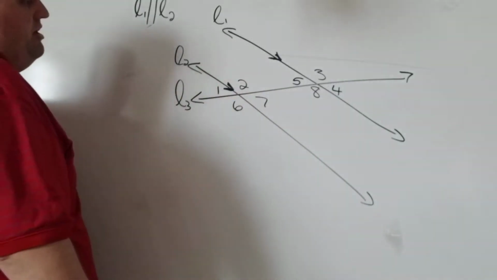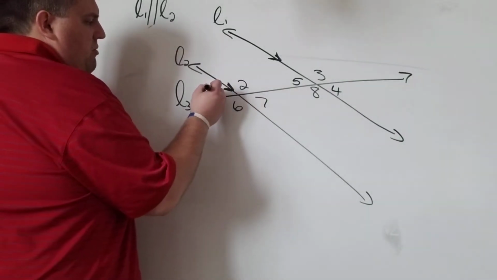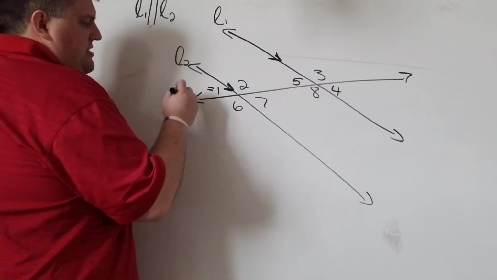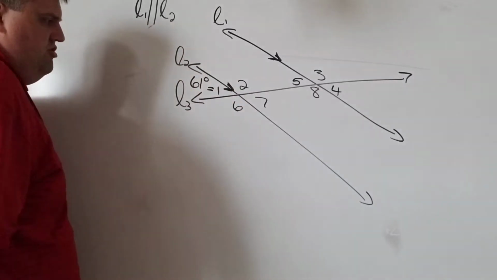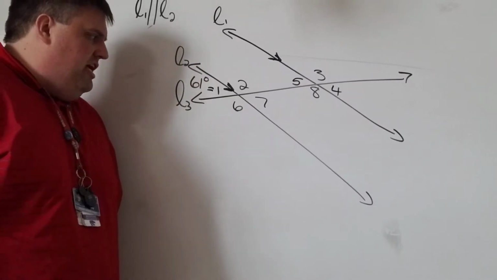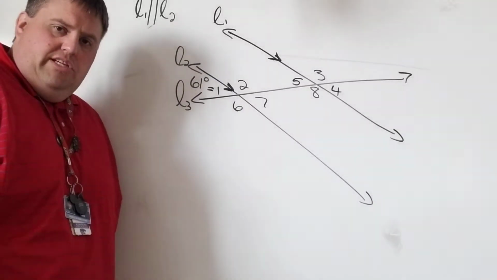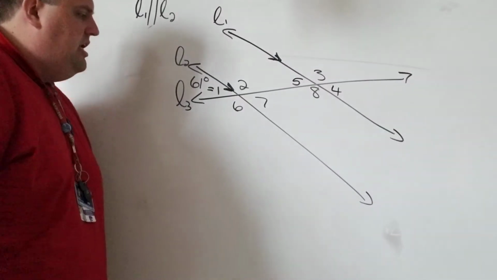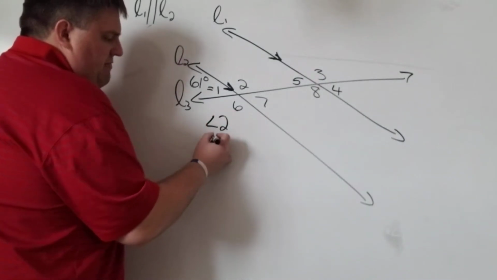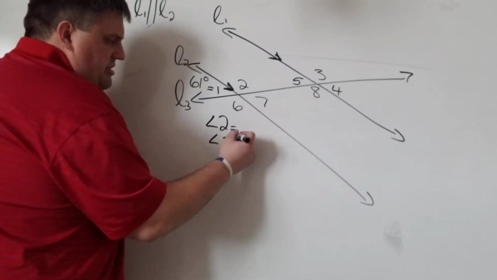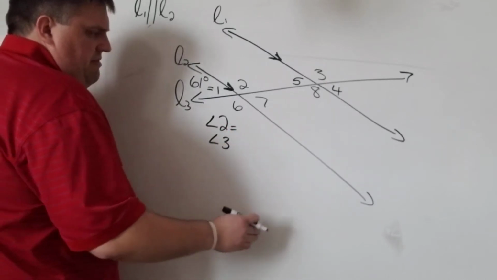So, for example here, let's start with the fact that angle 1 is 61 degrees. Let's say I measured it and I found out angle 1 was 61 degrees. Now what we want to be able to do is, since we know that, find all of these angles. I might run out of room here.